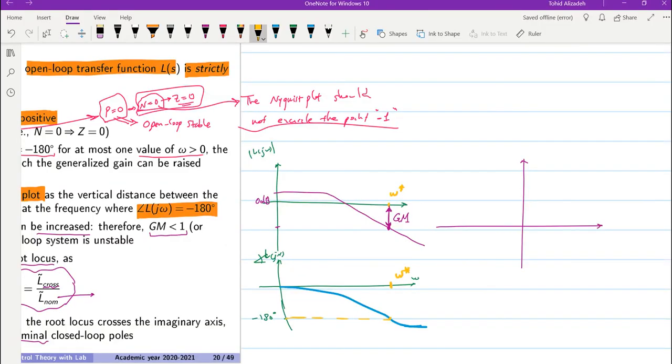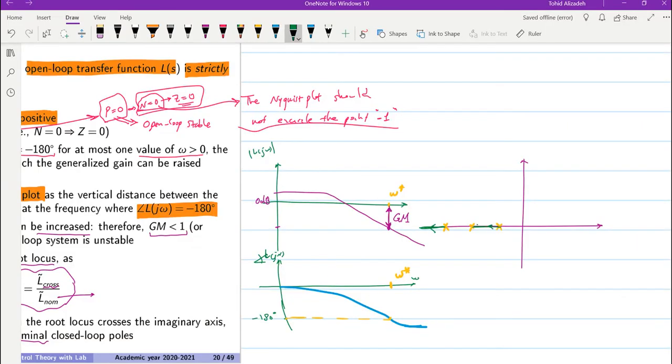Let me give you an example. Let's assume that we have these 3 poles. If I draw the root locus for this system, it will be almost like this.